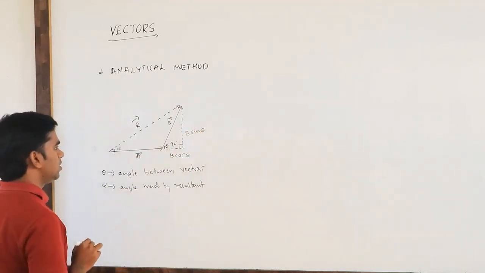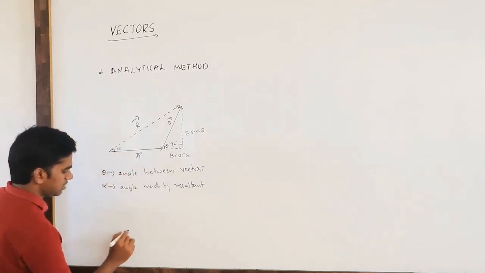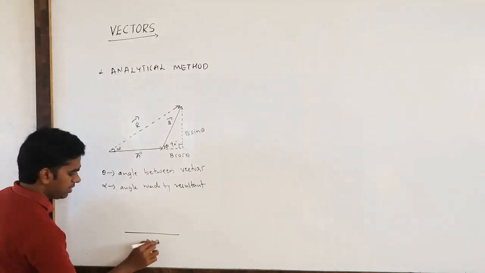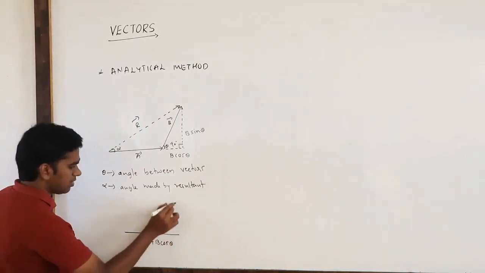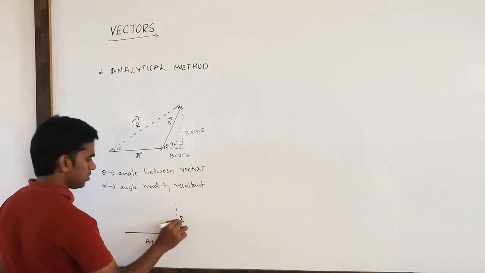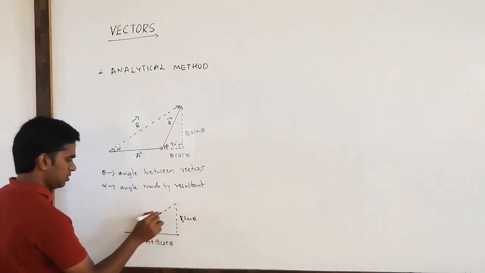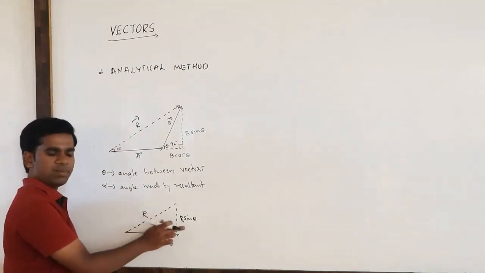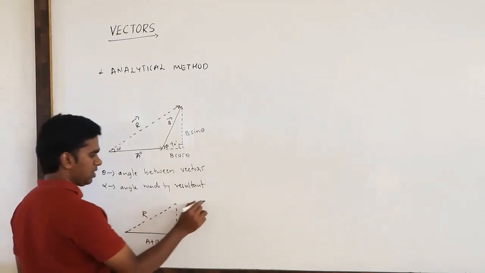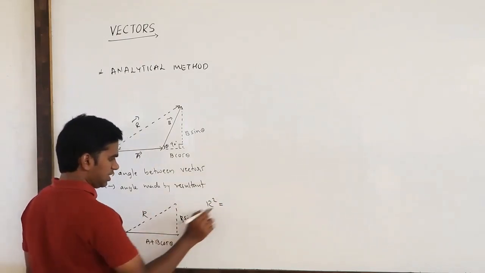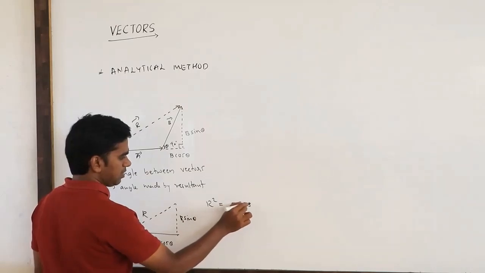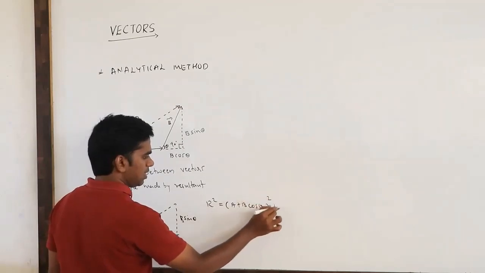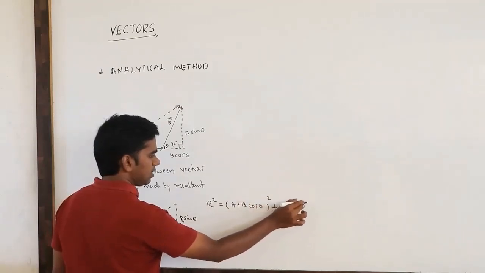So in total, this vector we got is A plus B cos theta. I am talking about magnitude: A plus B cos theta, and this is B sin theta. This is the resultant. To find the resultant, we applied the Pythagoras theorem. So R square equals A plus B cos theta the whole square plus B sin theta the whole square.